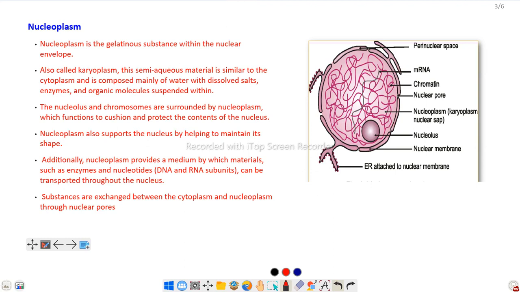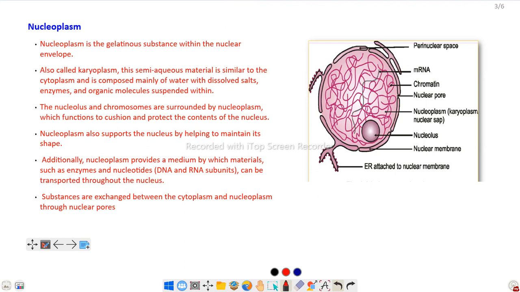The nucleolus and chromosomes are surrounded by nucleoplasm, which functions to cushion and protect the content of the nucleus. Nucleoplasm also supports the nucleus by helping to maintain its shape.